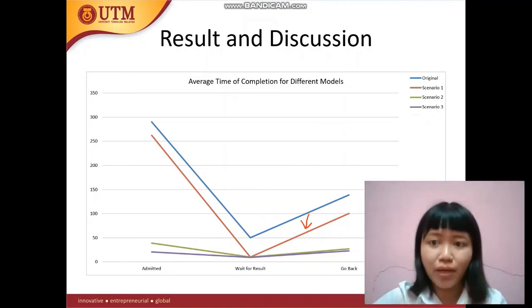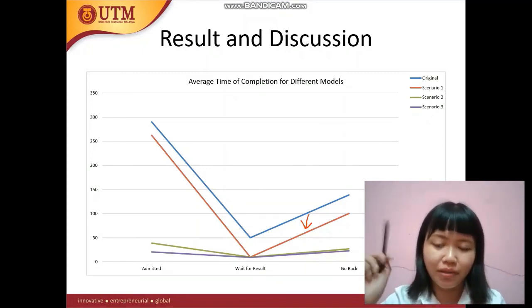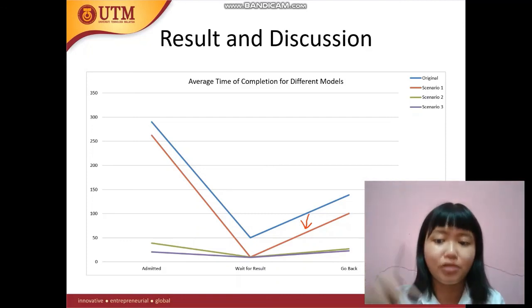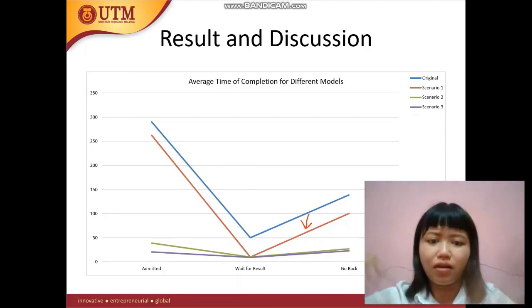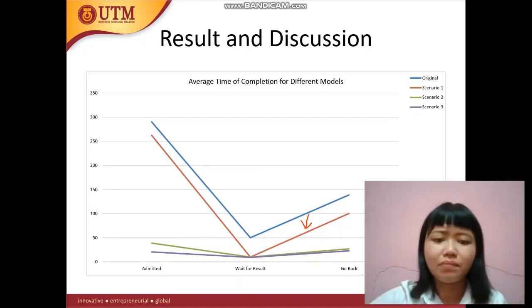After that, when we add the D0 treatment room and a pharmacy, all the times are reduced by a great amount.